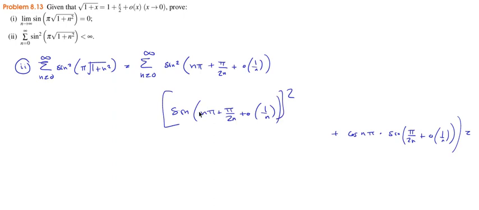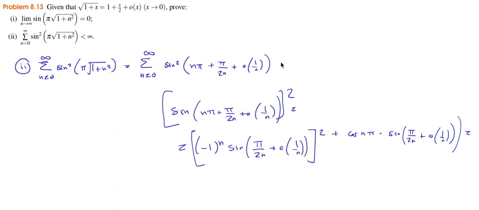Using the formula for the sum, we have the sine of n pi times the cosine of this, and then the cosine of n pi, so this is equal to minus 1 to the n times the sine of pi over 2n plus small o of 1 over n, all of this squared. So this is the sum from n equals 0 to infinity of, and then minus 1 to the n squared is 1, so you have the sine squared of pi over 2n plus small o of 1 over n.